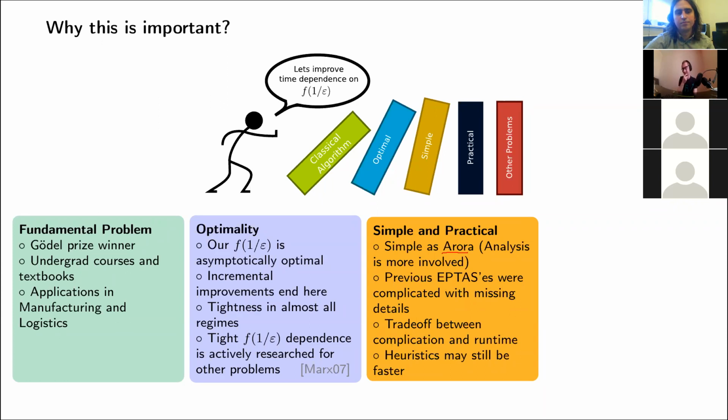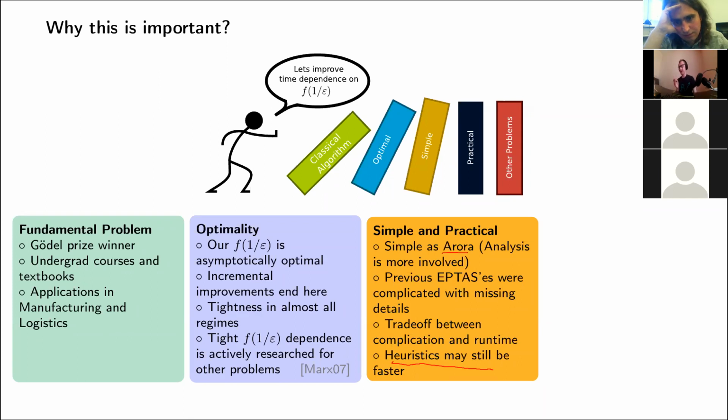Unfortunately, the Arora algorithm is not really implemented, so I suspect that heuristics that don't guarantee you any solution quality still may be faster. Another reason is that previous approximation schemes were complicated and several details were missing, and not all of them were published in the full versions. And I don't know anyone who understands how all of them work. So now you don't have to.